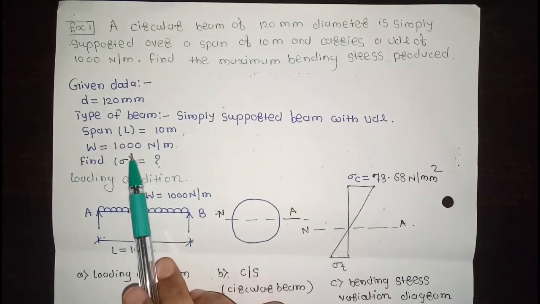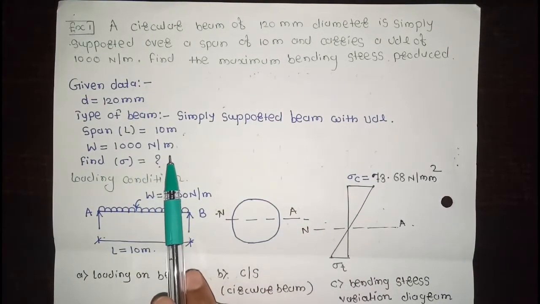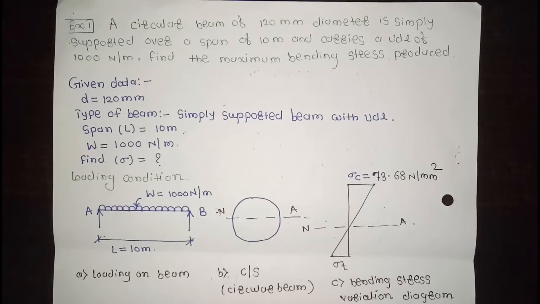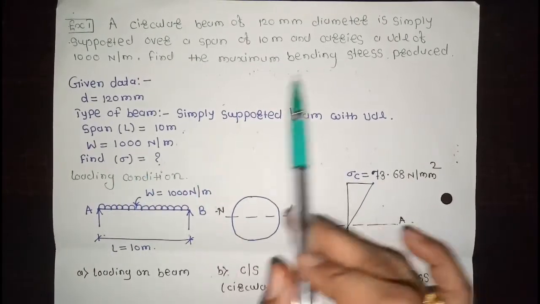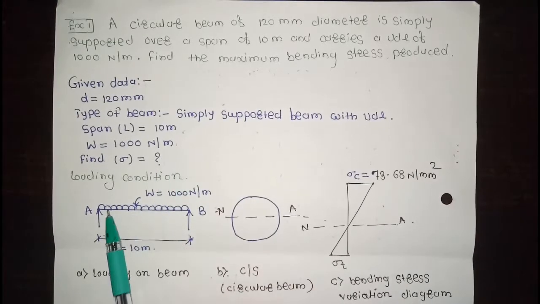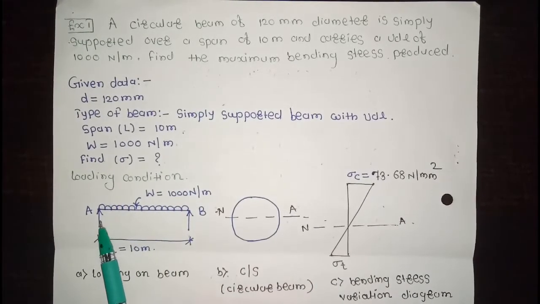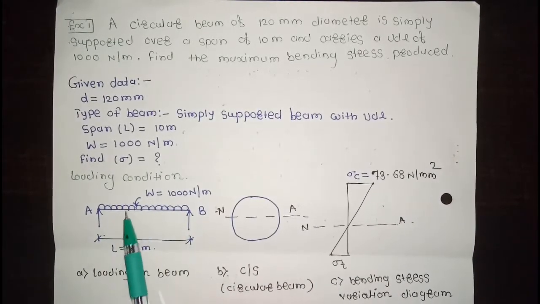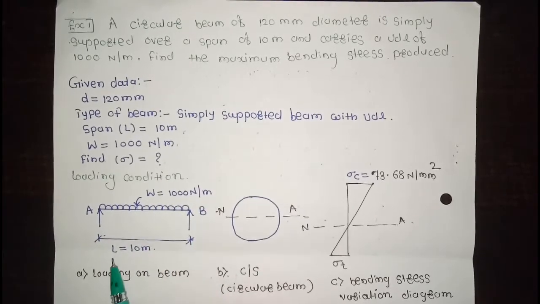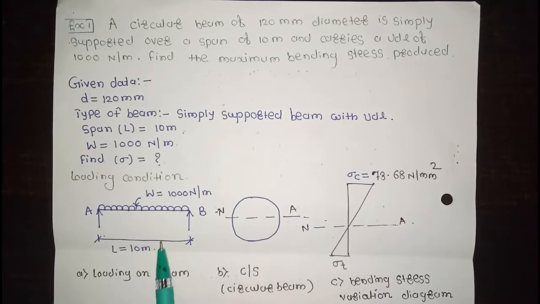Carries a UDL of 1000 Newton per meter. Find sigma. Loading condition: this is the simply supported beam with UDL, W is equal to 1000 Newton per meter and L is equal to 10 meter, right?